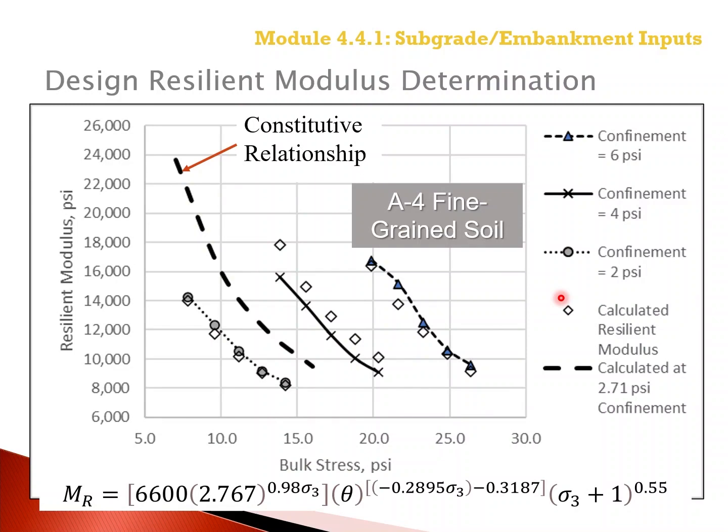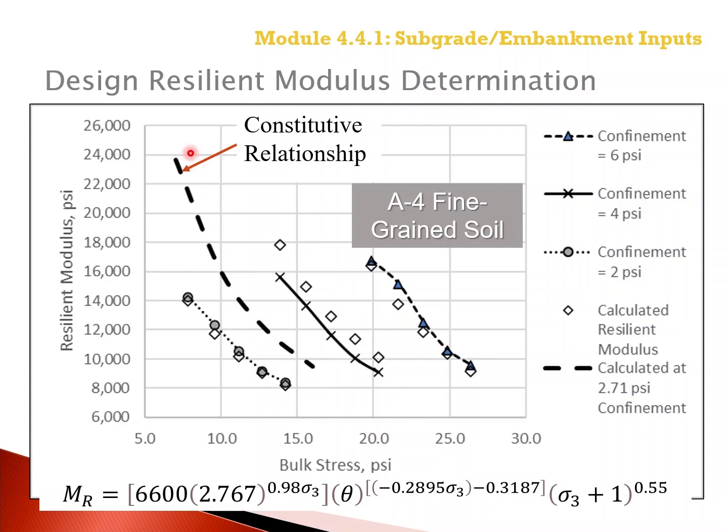Now, the calculated resilient modulus is compared to the measured resilient modulus on the graph. So this shows from the regression equation, or the constitutive equation, at each confining pressure, the values compared to the confinement at 2 psi, 4 psi, and 6 psi.